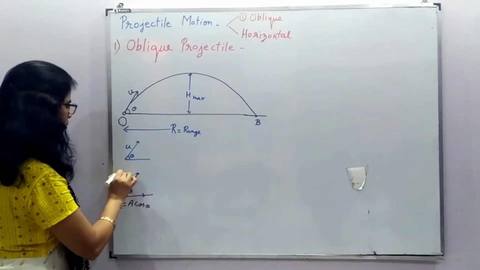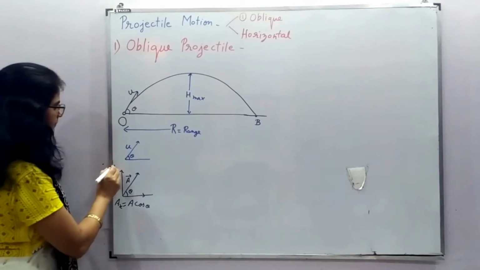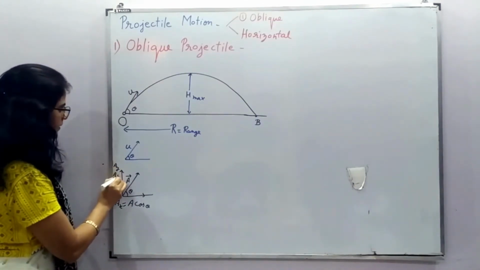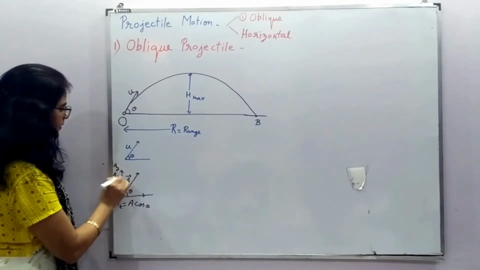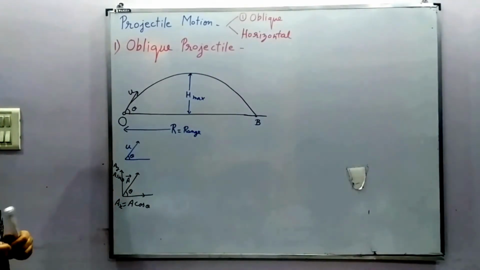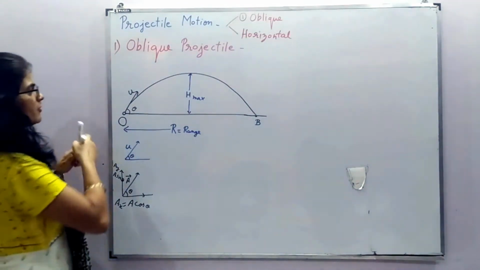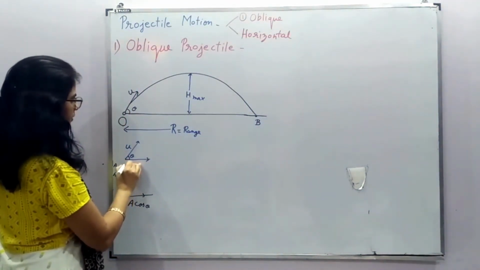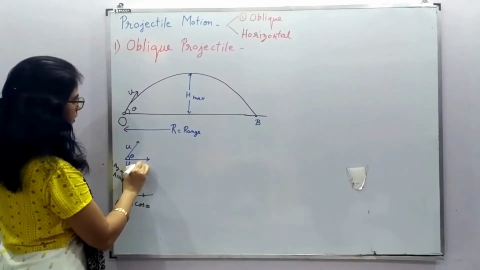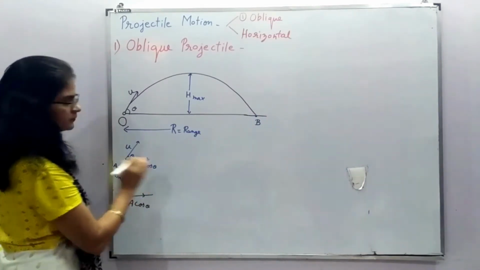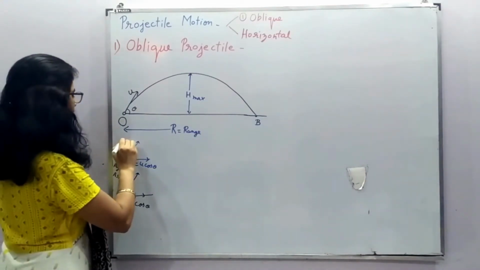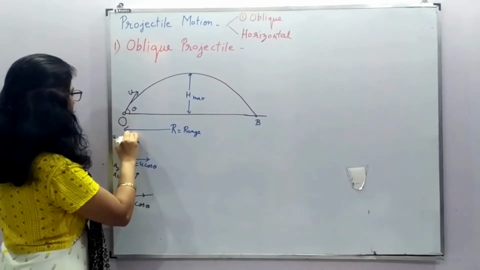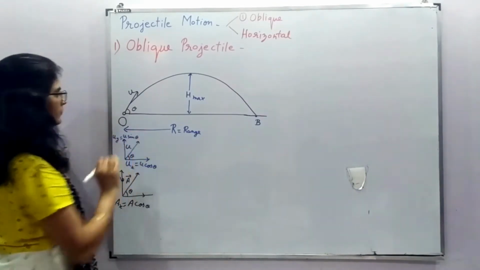Similarly, we know that this vertical component is denoted by AY, and this is A sin theta, right? Similarly, if we talk about the components of this velocity, this horizontal component of velocity is u cos theta, and the vertical component of velocity is u sin theta, right?